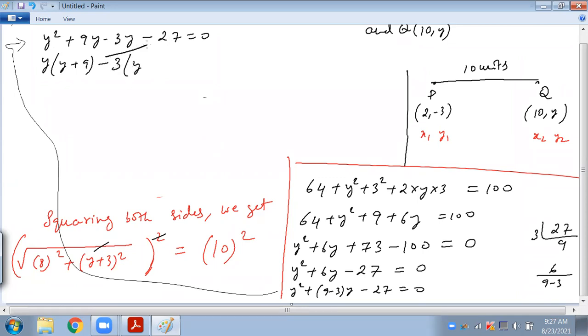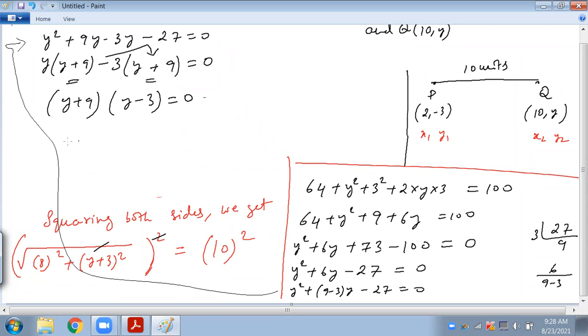Y. And for the last one, I told you always to multiply the sign, plus minus into minus plus, and 3 will go how many times for 27? 9 times. Now, if you see, what you get in the bracket is the same, so take it common, and what is left, write in a bracket. So y minus 3 is left.